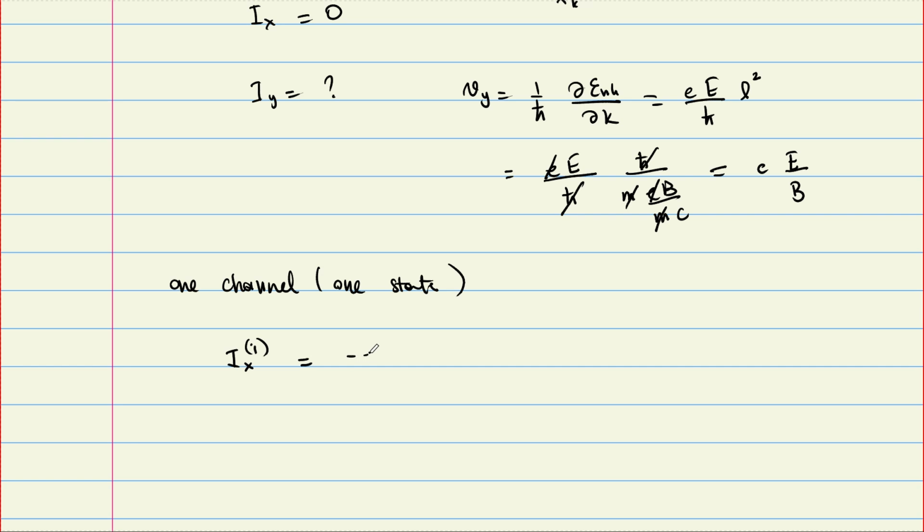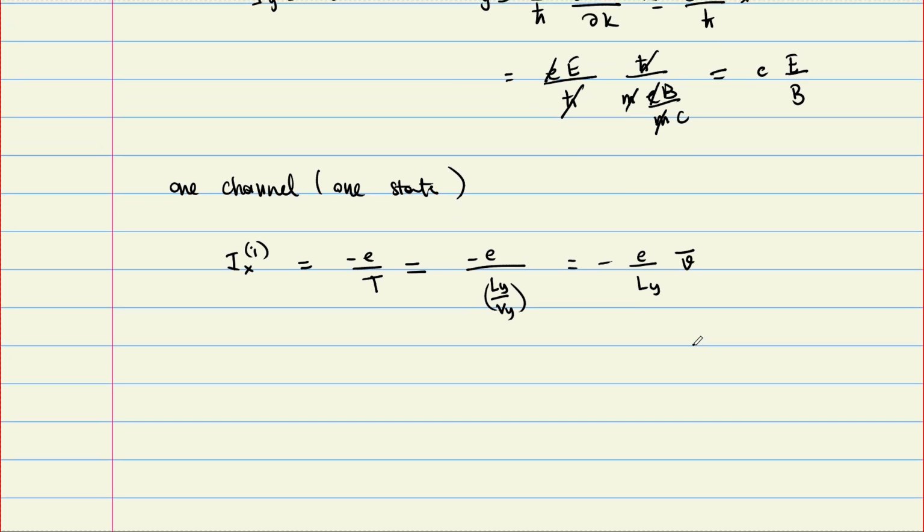It's going to be minus e over T. This is minus e over T is Ly divided by Vy, and this is going to be minus e over Ly times Vy. But Vy is equal to v bar, so I can just put that. And to find, okay, this is Iy total. Yeah, I messed up. So the Iy total is going to be sum over all these states. So let me write that.